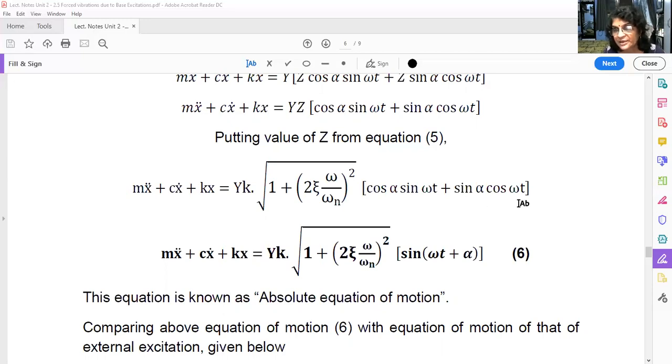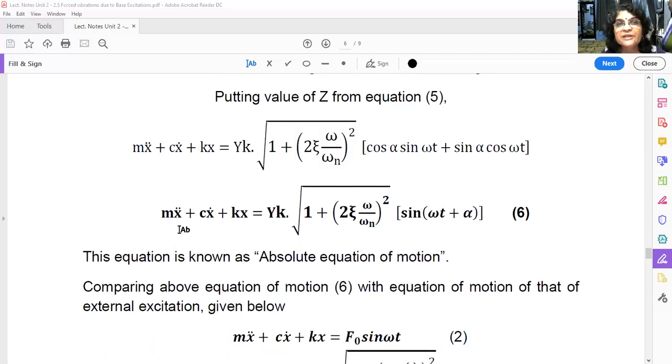This is equal to sin omega t plus alpha. So what will be your final equation? mx double dot plus cx dot plus kx is equal to yk under root 1 plus 2 zeta omega upon omega n square into sin omega t plus alpha.